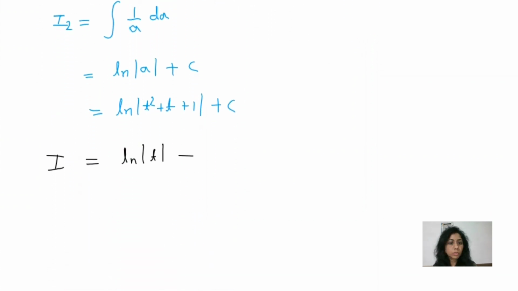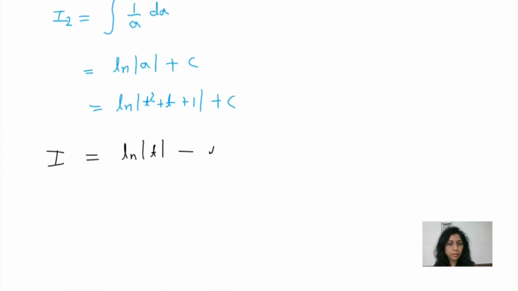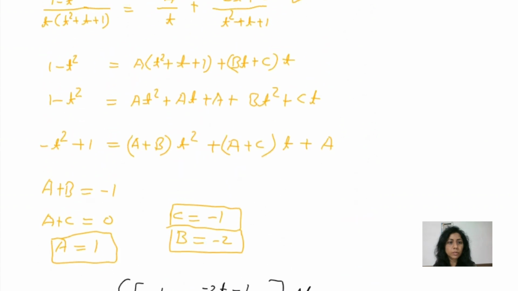So ln absolute value t square plus t plus 1, and plus c, any arbitrary constant. Finally we put the t value. What was the t value?